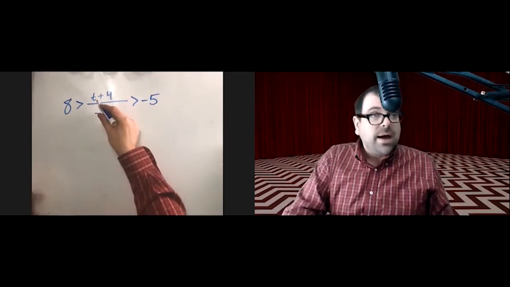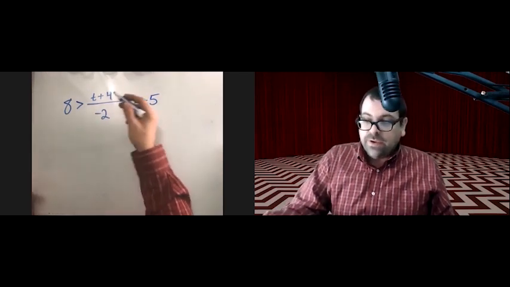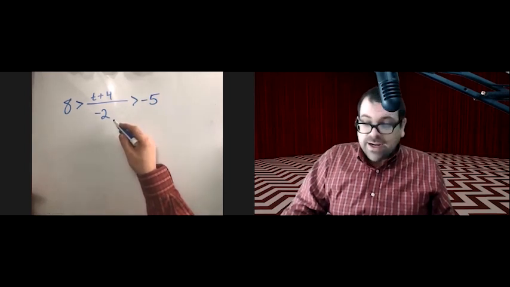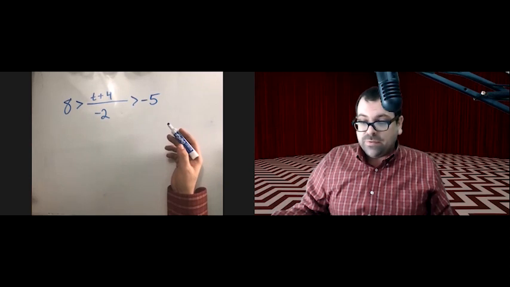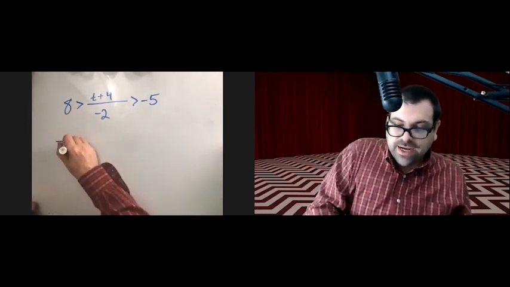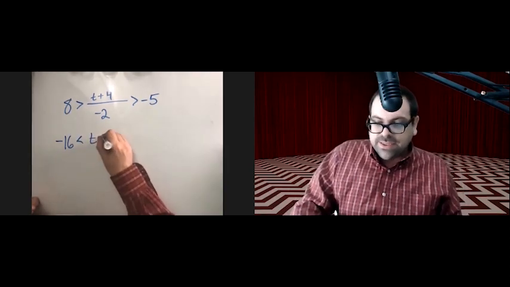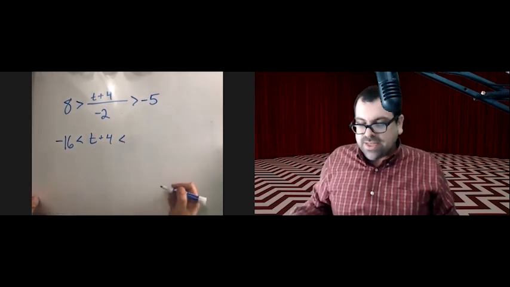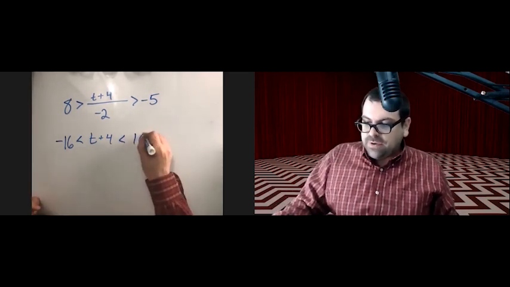We want to get the t by itself, so we got to get the t plus 4 by itself. We've got to undo dividing by negative 2, and we're going to do that with multiplying by negative 2 everywhere. 8 times negative 2 is negative 16. Switch the sign. T plus 4 in the middle. Switch the sign. Negative 5 times negative 2 is positive 10.